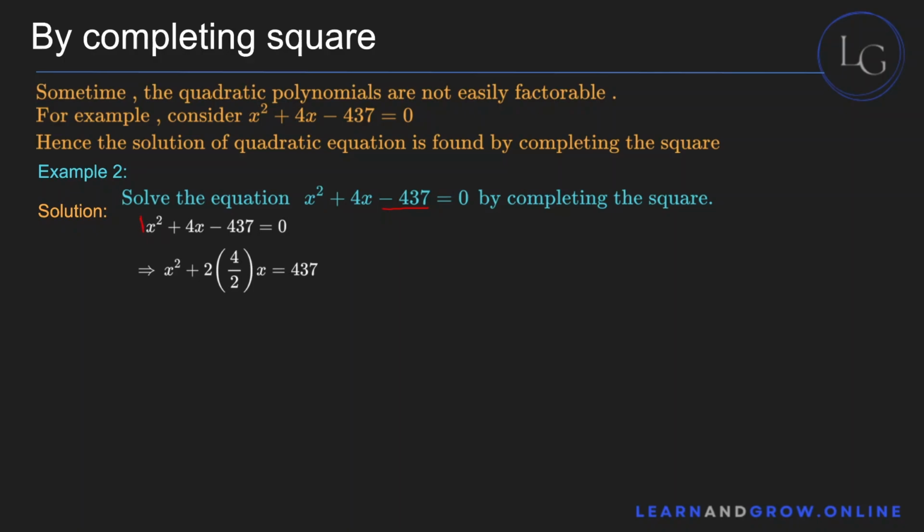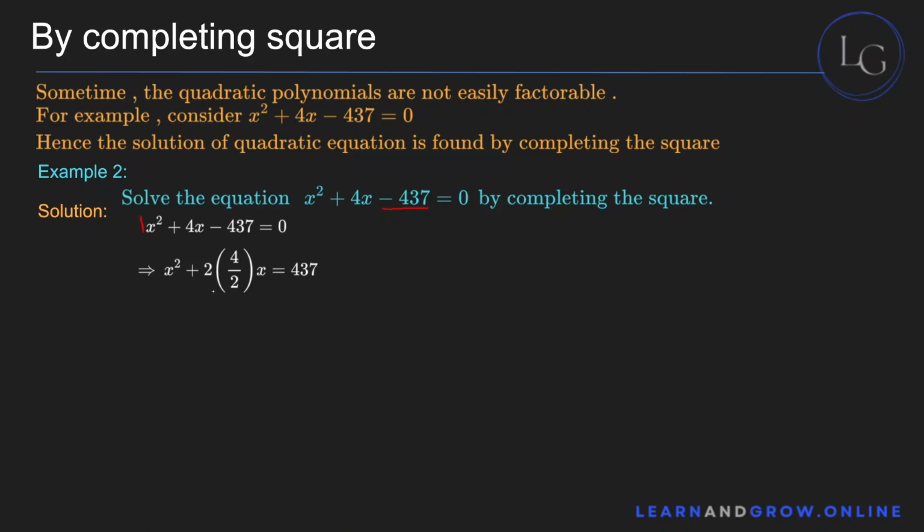Over here, it is our sheer luck that it is already 1, but if it was not, you would have had to divide the entire equation by that number so that the coefficient of x square is 1. Second, you will divide the coefficient of the x term by 2, as we've done here.